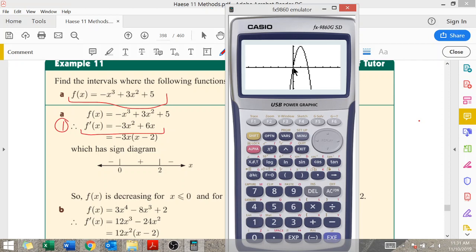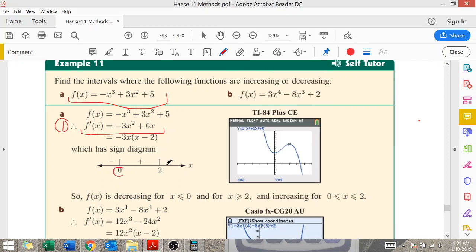So our key points, they're at 0 and there at 2. Of course, you can find what those points are if you need to using G-Solve and to find the x-calc when y equals 0. And you can get the point there and there. So those are your key points, 0 and 2.